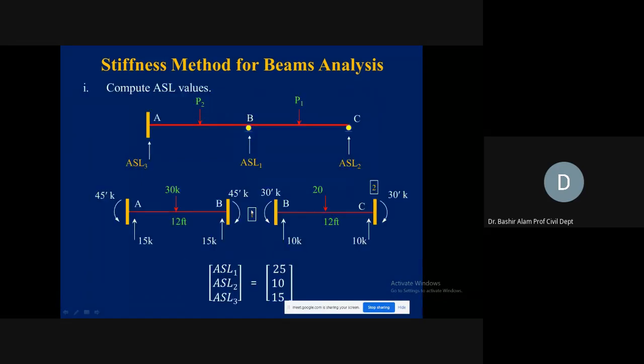अब आपके AS यहाँ पे था, this is corresponding ASL now। तो ASL क्या होगा, vertical summation of the vertical reaction कितना आ रहा है, यहाँ पे 15 था, यहाँ पे 10, तो आपका 25 हो गया। Why plus 25?